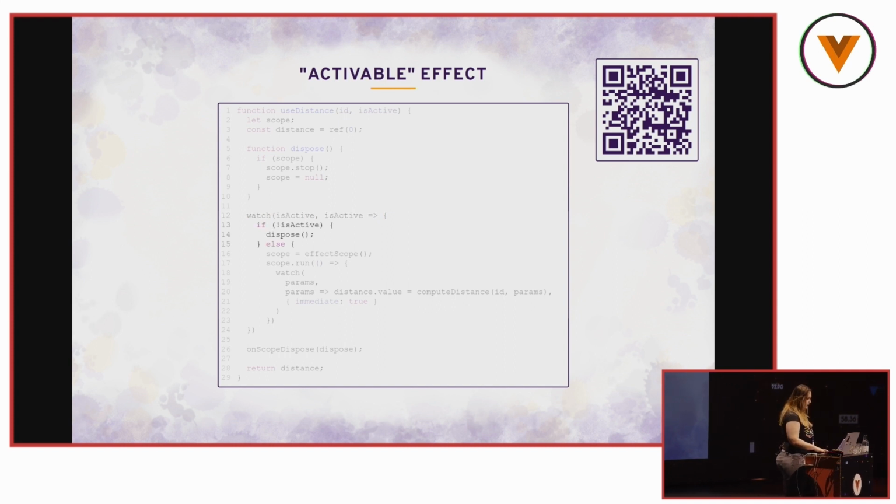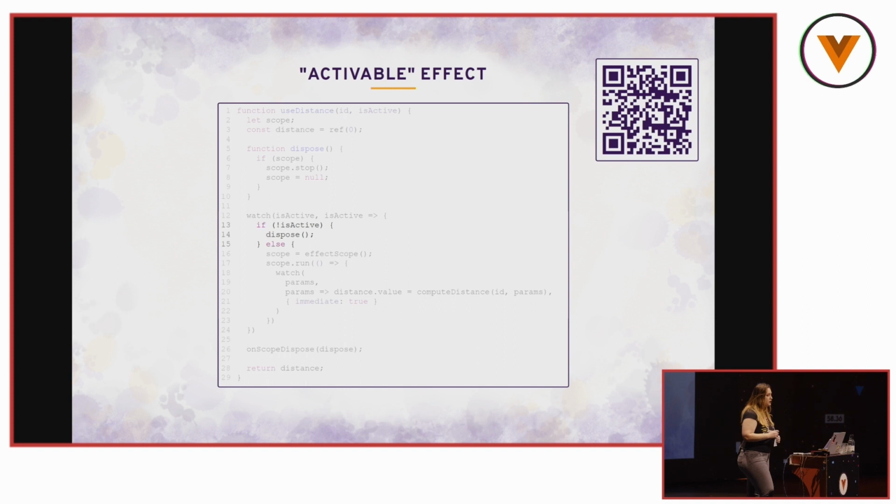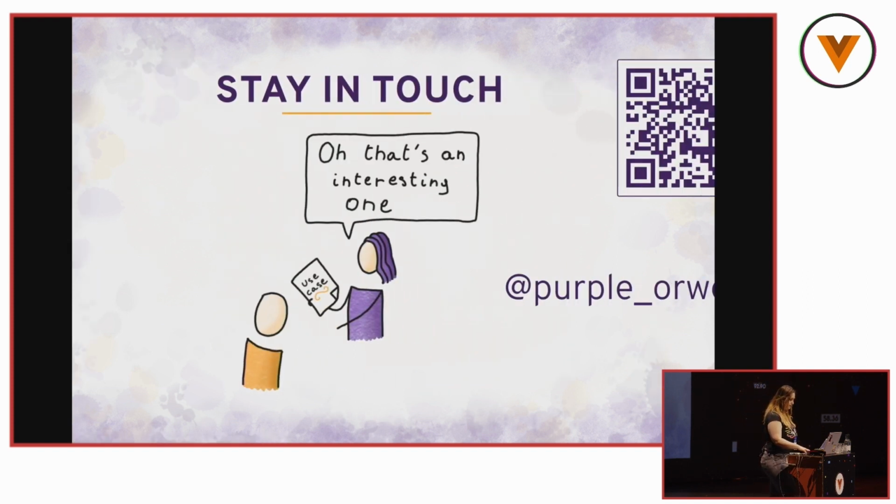And if the activation condition goes to false, I will just release everything. And on the other side, if it becomes active, I will create all my logic, wrapping it in the effect scope. And so I will be able to release it quickly.